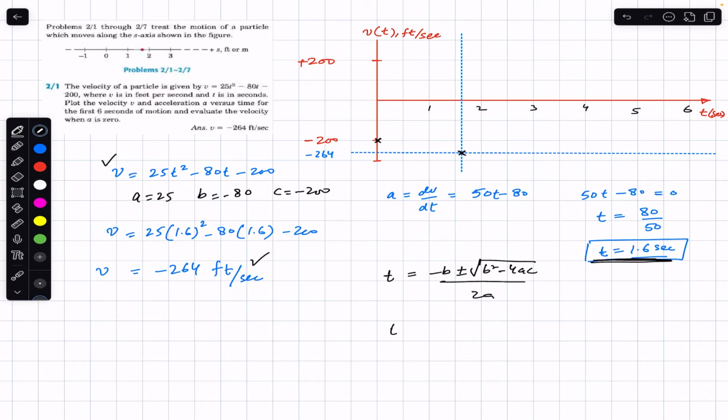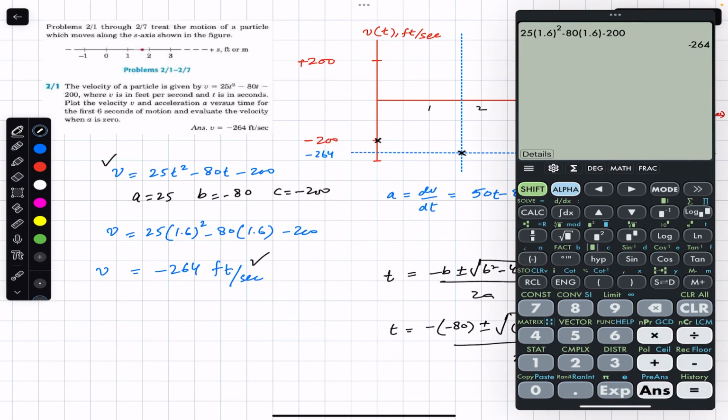So t is equal to minus b. b is minus 80, so minus into minus 80, plus or minus the square root of minus 80 squared minus 4 into a, which is 25, and c, which is minus 200, divided by 2a. Now a is 25.